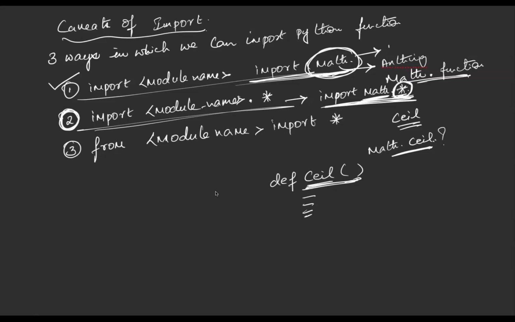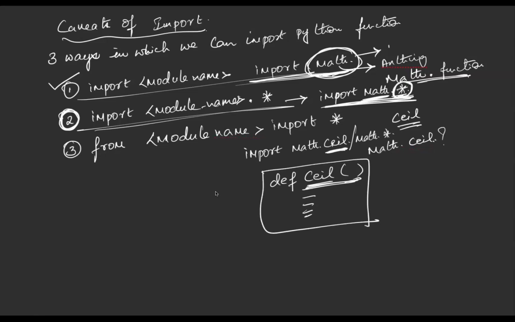When he does this in the same file above, if he's saying import math dot ceil or even maybe math dot star, that ceil function is directly conflicting with this function because both have the same names and parameters.